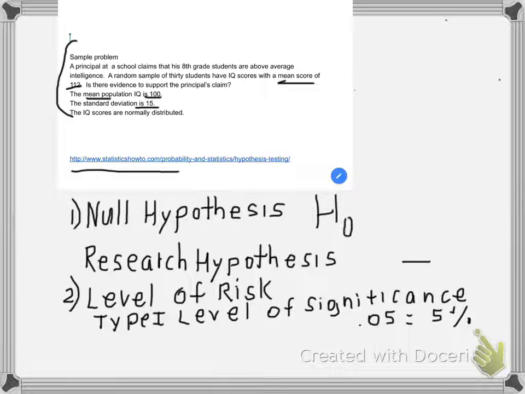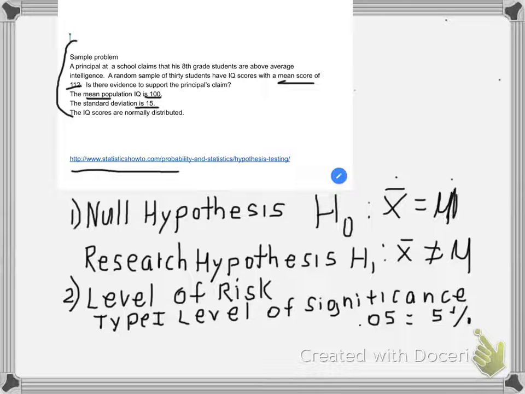We identify it by H null, and that states that our population mean will be equal to our sample mean, or that our research hypothesis, which we identify as H1, states that our sample mean does not equal our population mean.